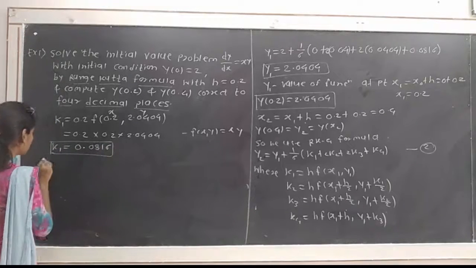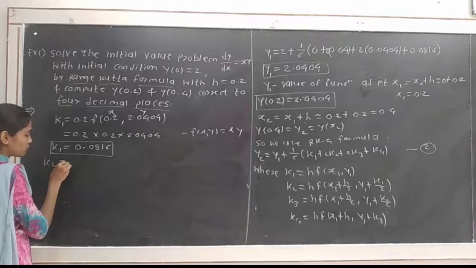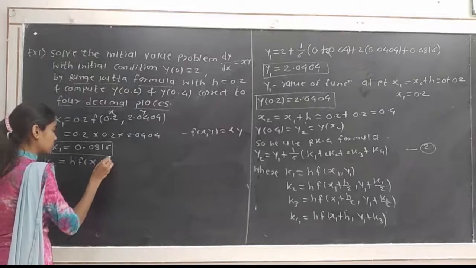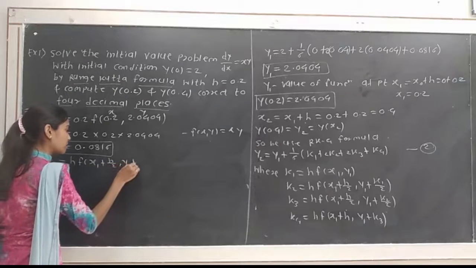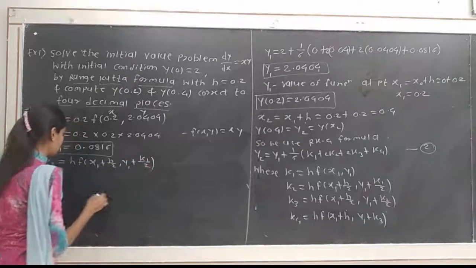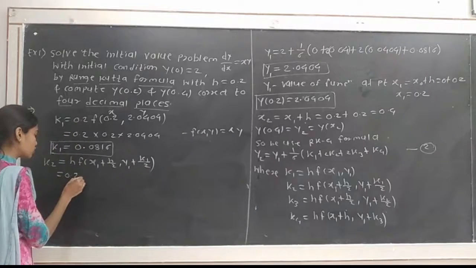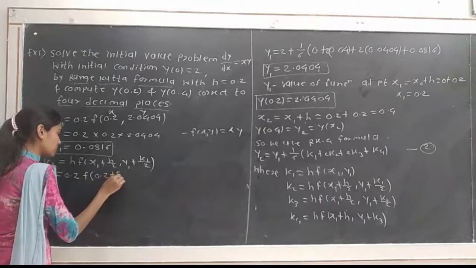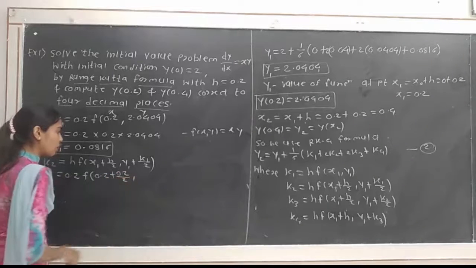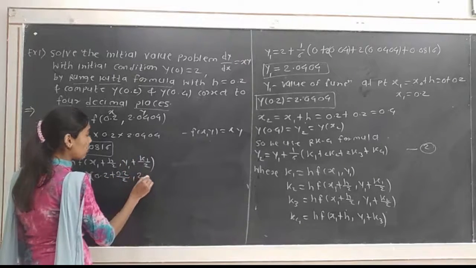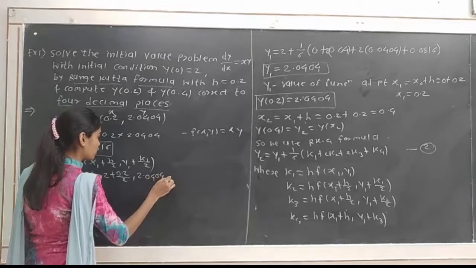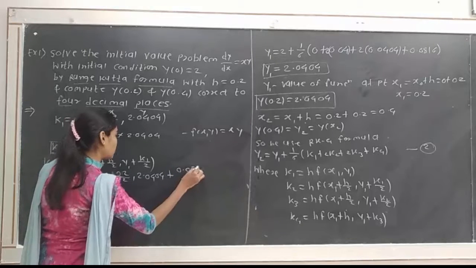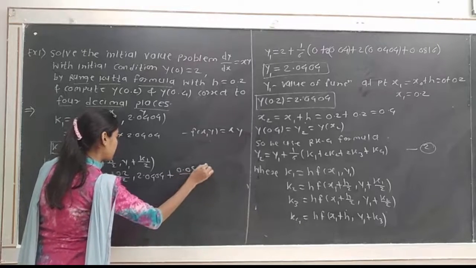Then next, to calculate the value of k2 using the formula, k2 will be h f of x1 plus h by 2 comma y1 plus k1 divided by 2. Again we put in our values, so 0.2 f of x1 will be 0.2 plus h, which is 0.2, divided by 2 comma y1 will be 2.0404 plus k1, which we calculated as 0.0816, divided by 2.